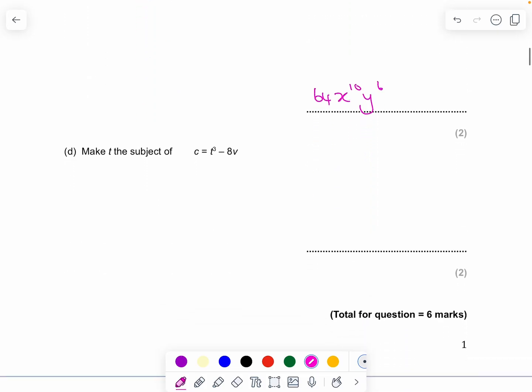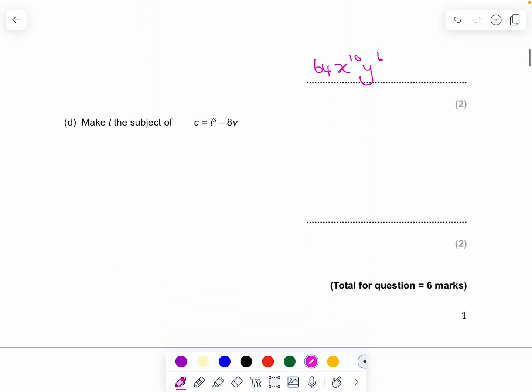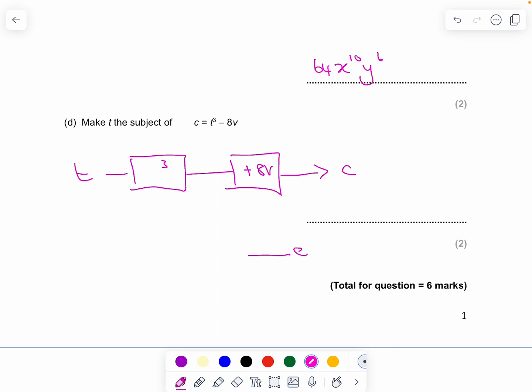Next, to change the subject, there's lots of different ways you could do this. One of the ways I've shown you is to look at what's happening to t. It's being cubed, and then 8v is being added to it to give you c. So work backwards.